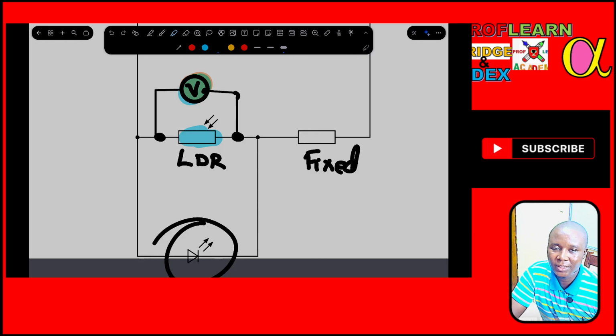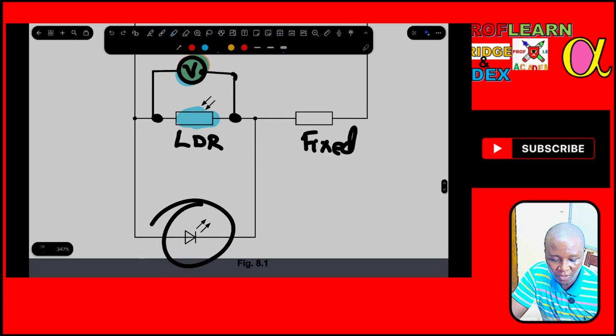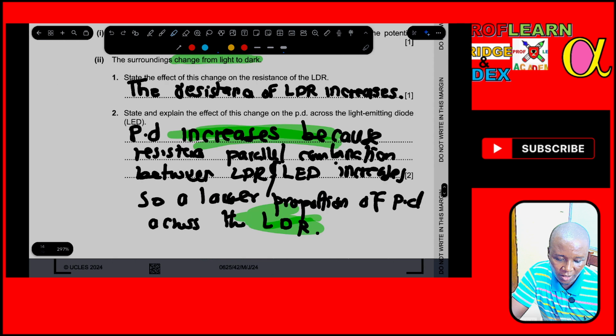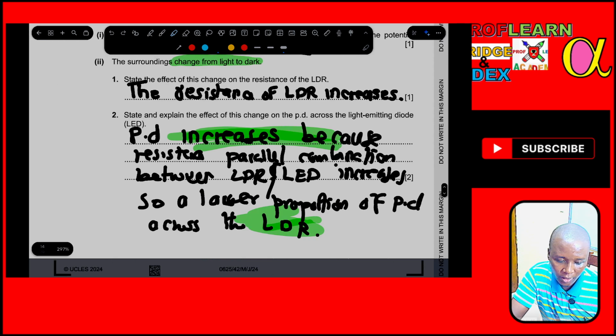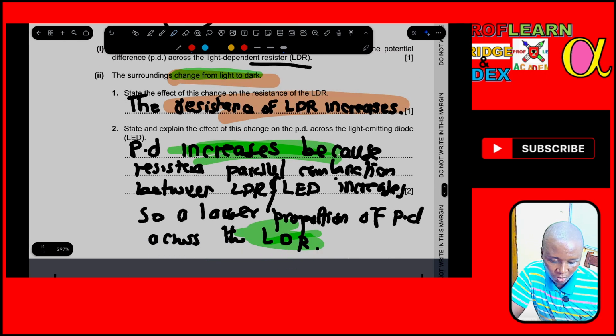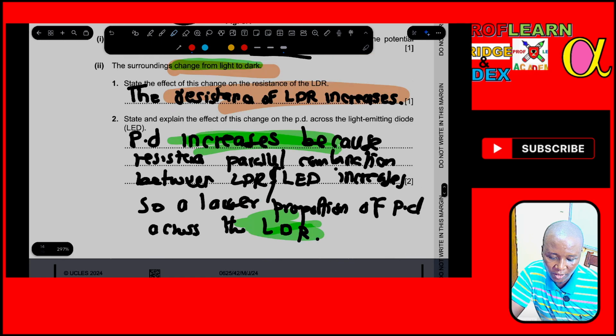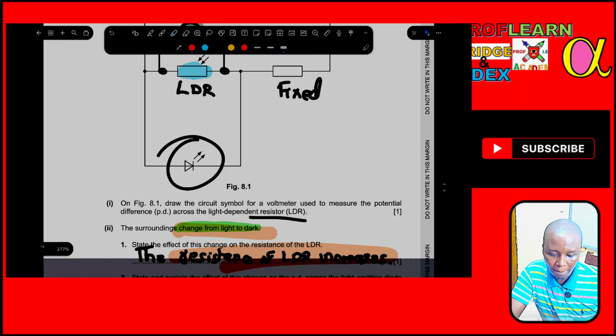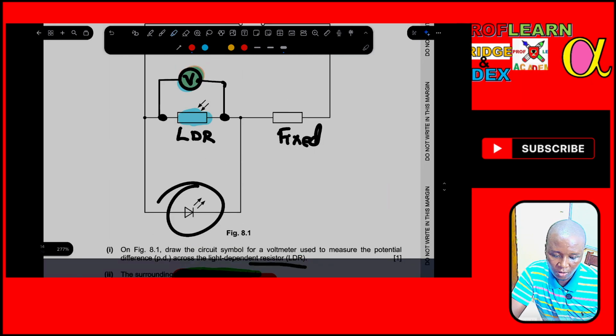When it's dark, the resistance of the LDR increases, and in that way there will be a larger potential difference across it because of high resistance. State the effect of this change when it became dark. It means that the resistance of the LDR is going to increase, and this means that we are going to have a larger PD in this section because of larger resistance.